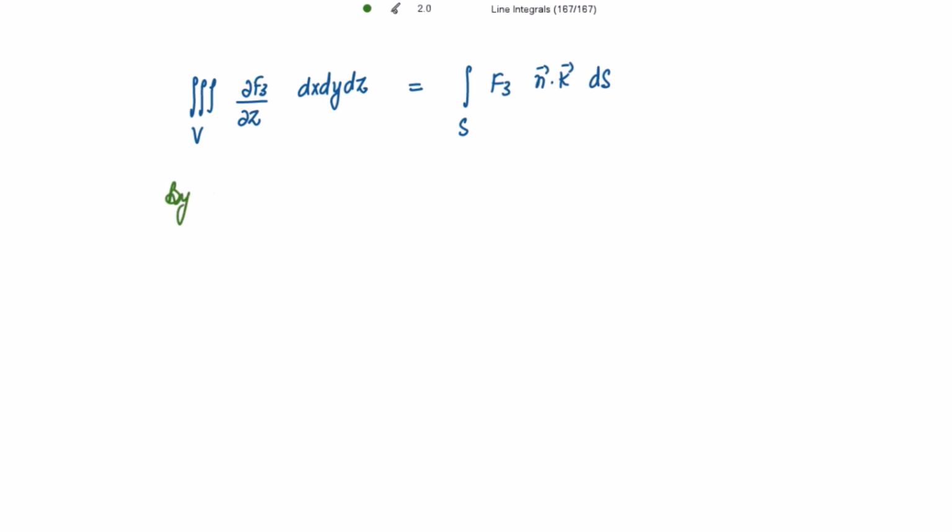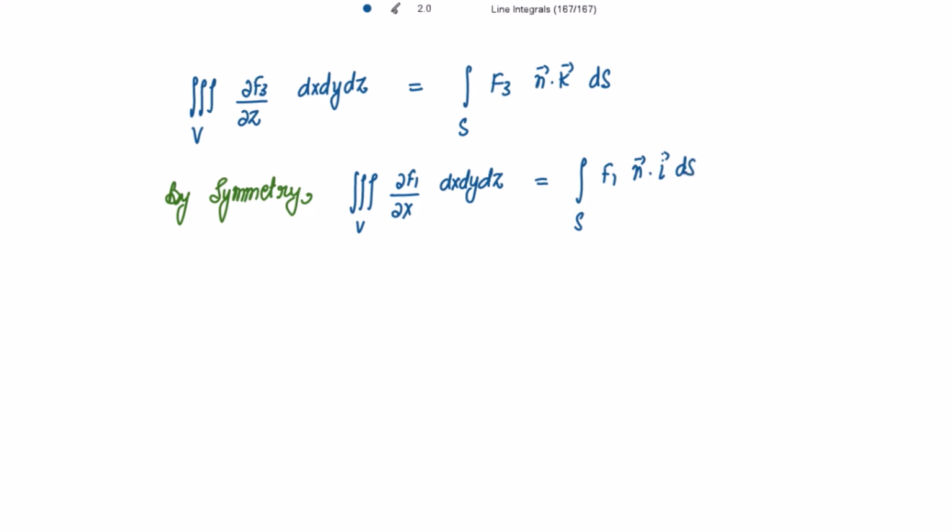And by symmetry, we can write the volume integral of ∂F1/∂X dx dy dz equal to the surface integral of F1 times the dot product of n vector with i vector ds, and the volume integral of ∂F2/∂Y dx dy dz equal to the surface integral of F2 times the dot product of n vector with j vector ds.